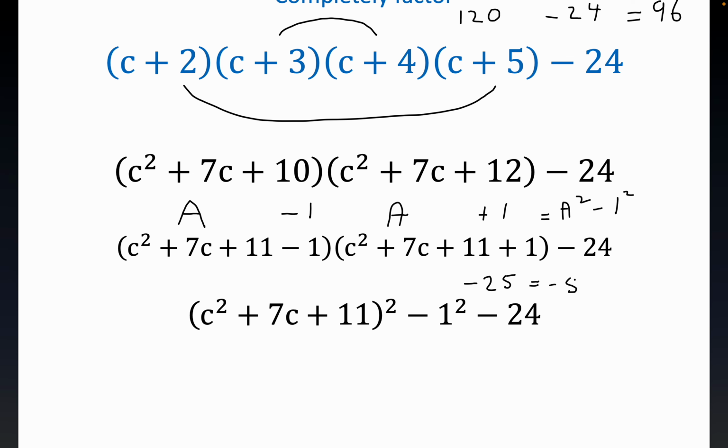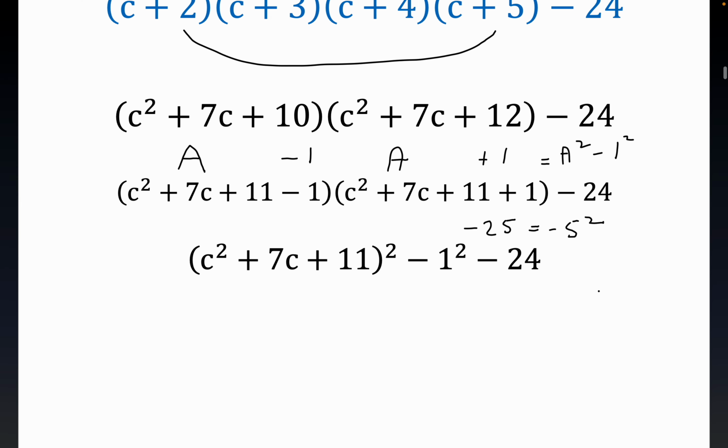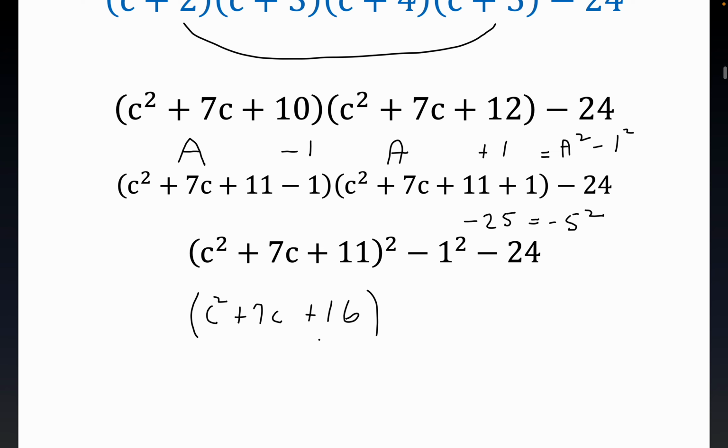Okay, so we're going to unpack it now. What I'll do here is write this as c squared plus 7c, and now I'm going to add the square root of 25, or 5, to 11, and you'll get 16. So you see we're going in reverse order here.